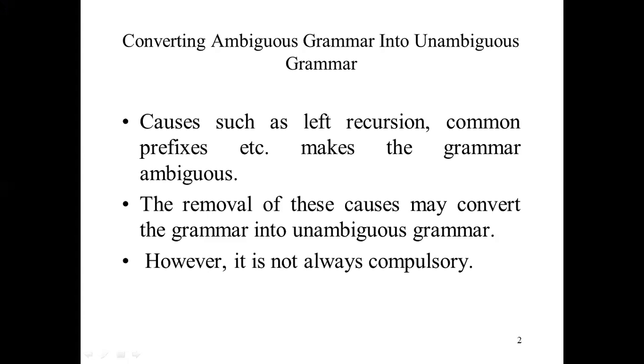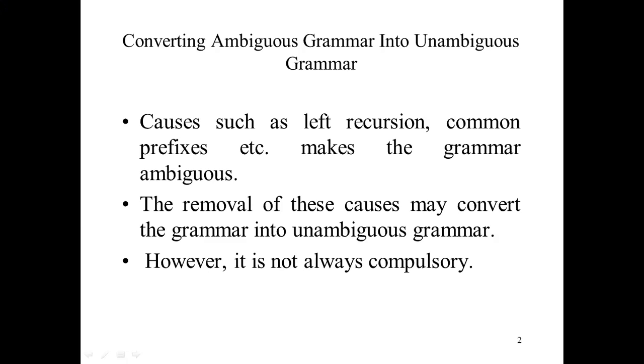So what are the different ways to convert ambiguous grammar into unambiguous grammar? We have already differentiated ambiguous grammar and unambiguous grammar. If we are getting only one parse tree, then we can say that our grammar is unambiguous.